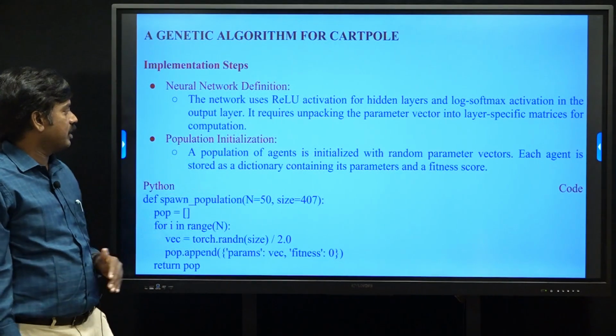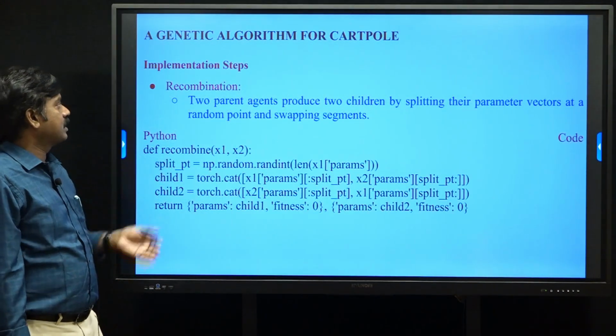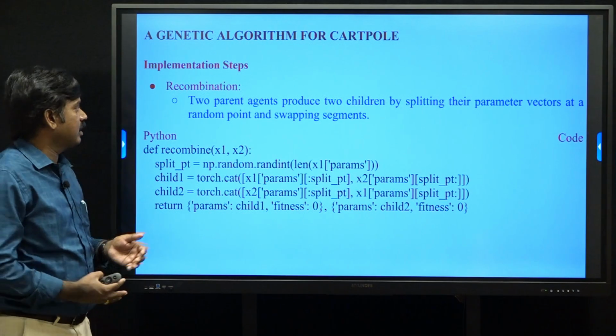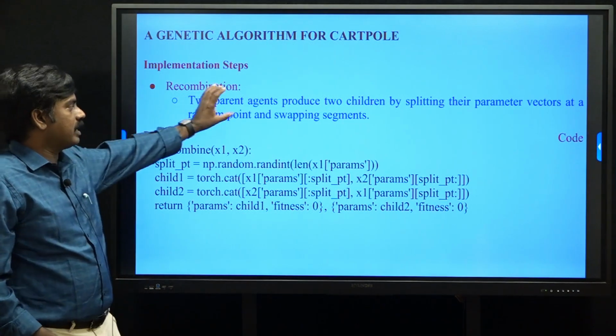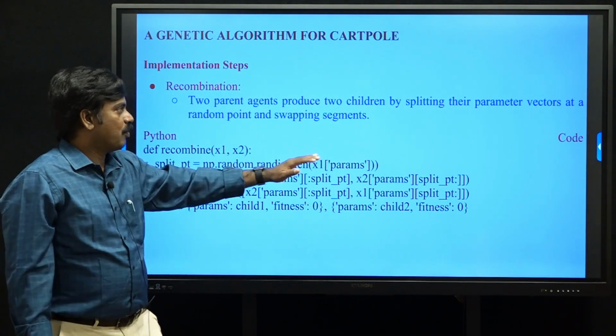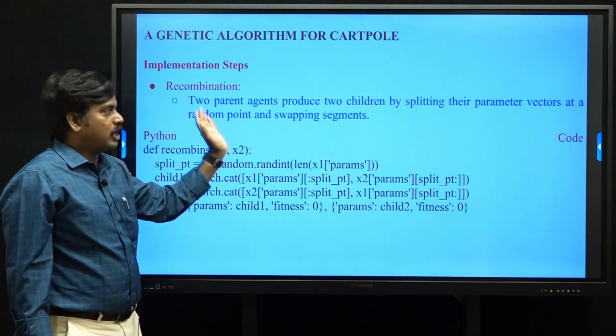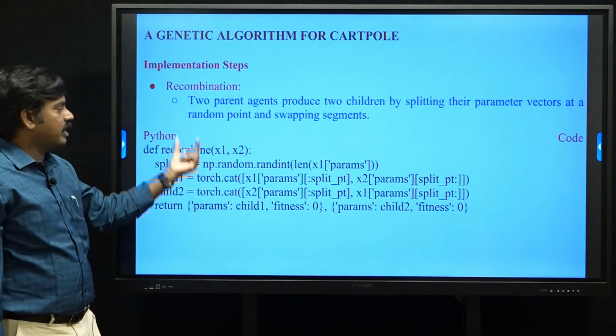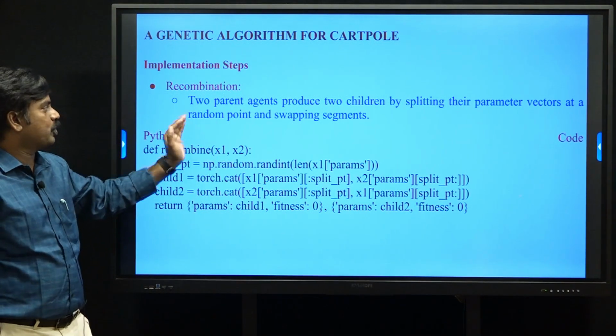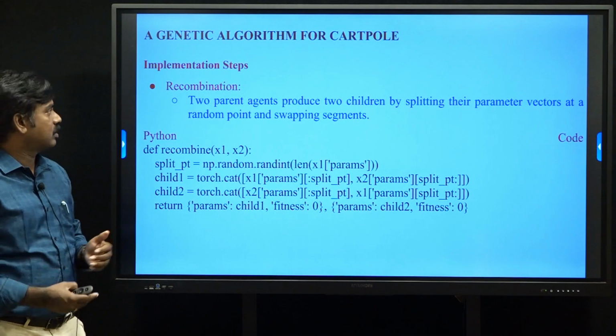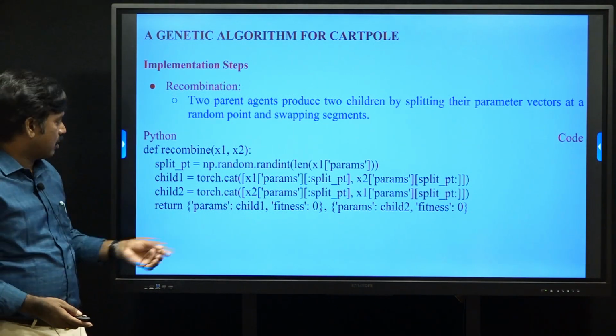This is the population initialization. The next step is recombination. Two parent agents produce two children by splitting their parent vectors at a random point and swapping. We split the two parents and swap to produce two new children by applying recombination.